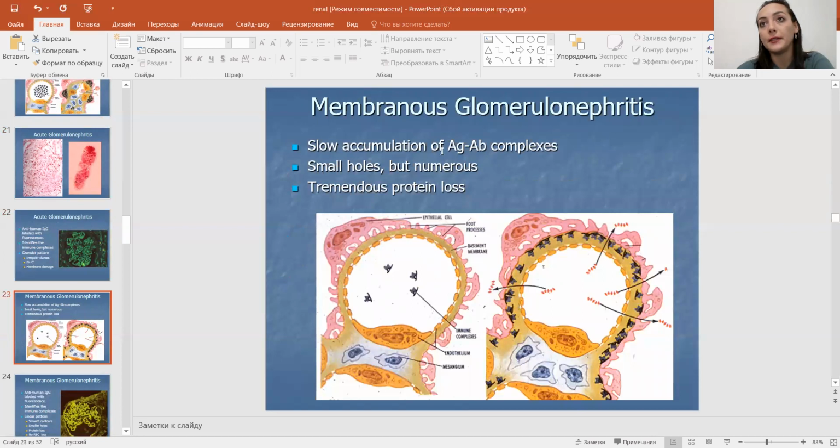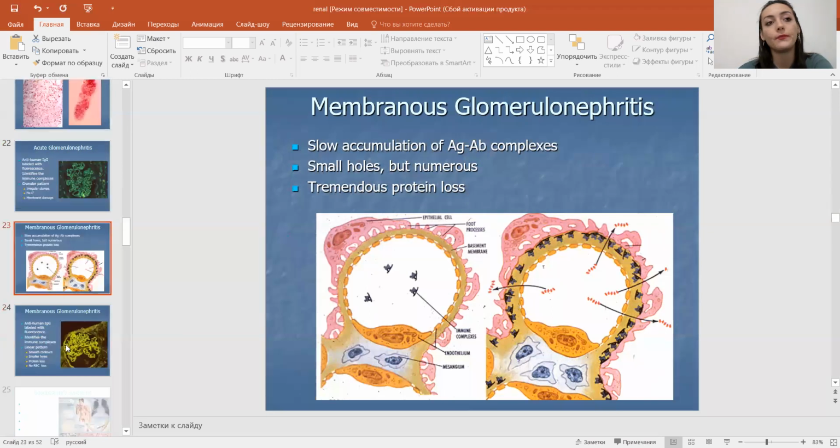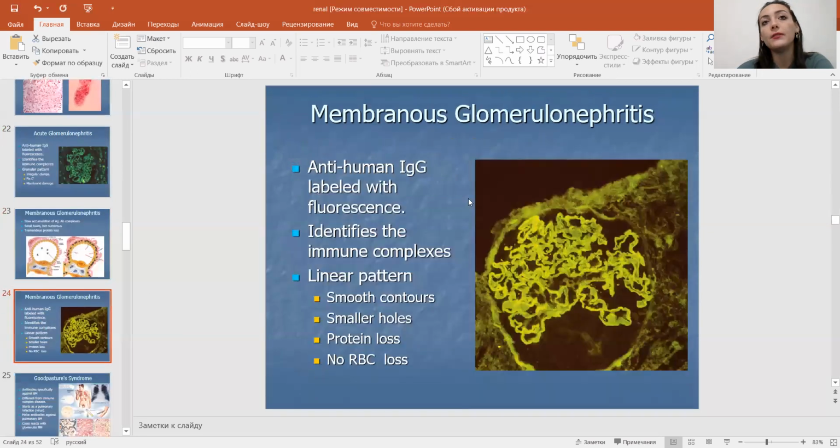Membranous glomerulonephritis: slow accumulation of antigen and antibody complexes, small holes but numerous, and tremendous protein loss. Also in immunofluorescence, immunoglobulin G labeled with fluorescence identifies the immune complexes.